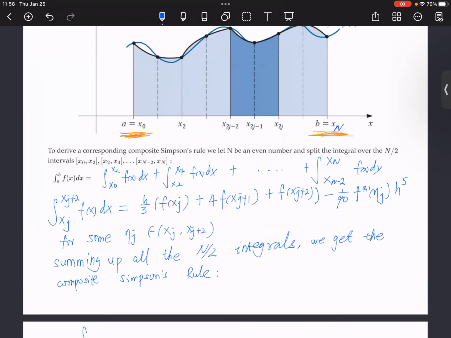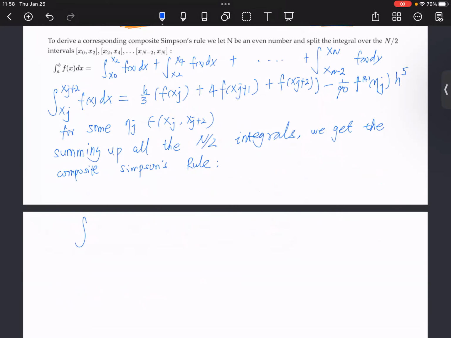If we sum up all the subintegrals, we get the approximation for this integral, and it looks like this: h/3, and then for the first one we have f(a), and for the even nodal points we have the coefficients, this is f(x2j), and then we have the coefficients too. You can double check it, and you can do the same things as I did in the trapezoidal rule.